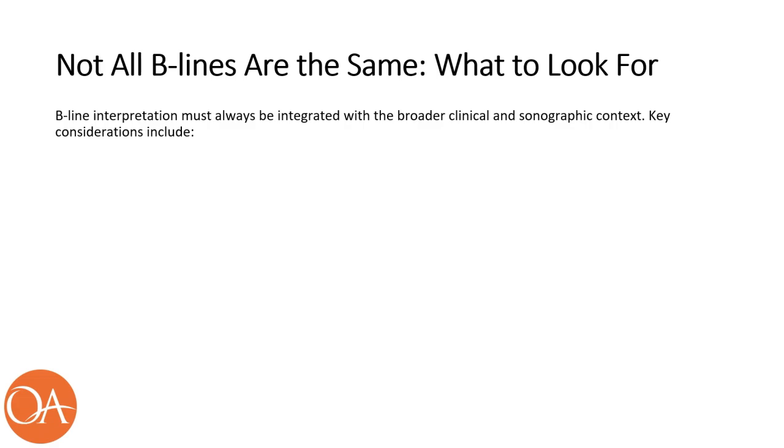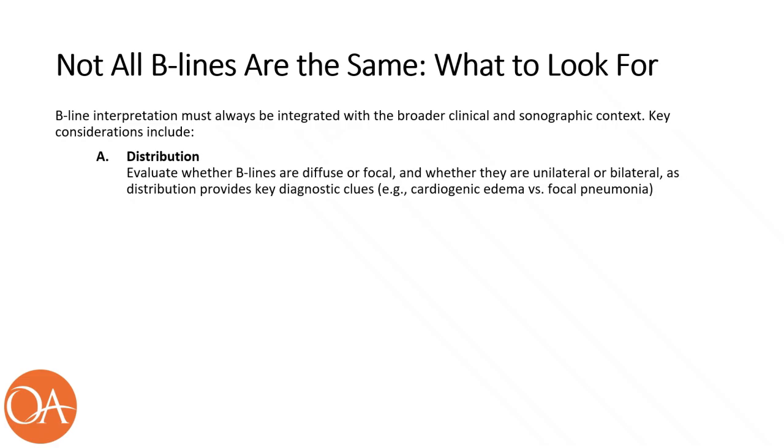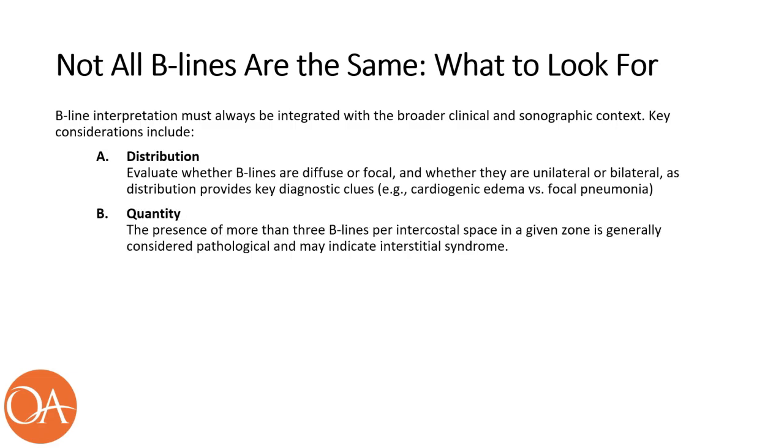Interpreting B lines requires integration of both clinical and sonographic context to ensure diagnostic accuracy. Several key factors must be considered. First, assess the distribution of B lines. Are they diffuse or focal, unilateral or bilateral? This distinction can offer valuable clues, such as diffuse bilateral B lines suggesting cardiogenic pulmonary edema, while focal or asymmetric patterns may indicate pneumonia. Next, evaluate quantity.